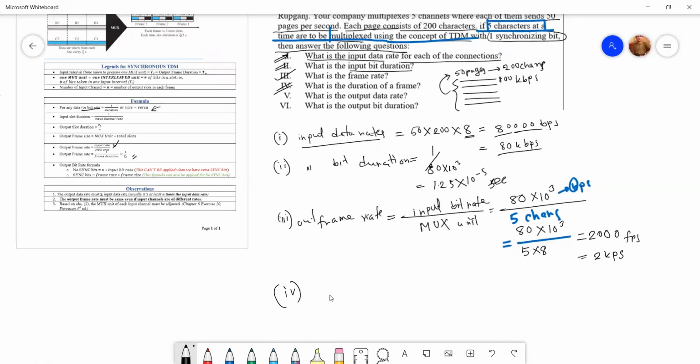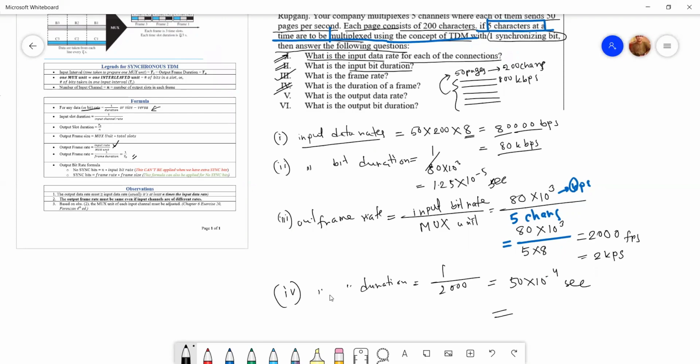Your output frame duration is basically the reverse of this. So 1 divided by 2000. That is going to give us 5 into 10 to the power 4 second.